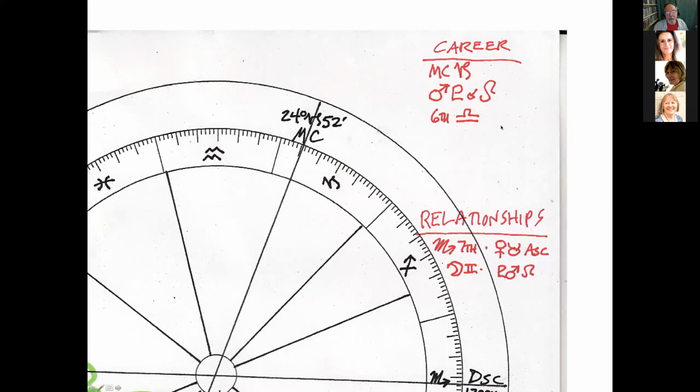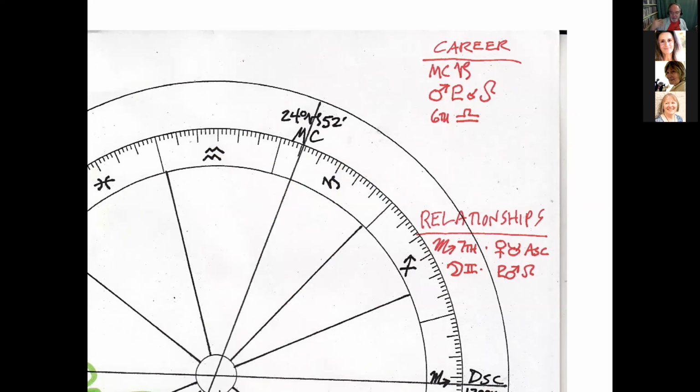So I mentioned relationships. Her 7th house has got Scorpio on the cusp. She's got Venus conjunct the ascendant in Taurus, which is very sweet. Moon's in Gemini, so the emotional connections are kind of very intellectual in a way. So she wants somebody she can talk with and relate to, but a steady relationship. That Venus in Taurus is hanging in there, wants to hold on to somebody, wants an earthy kind of relationship.